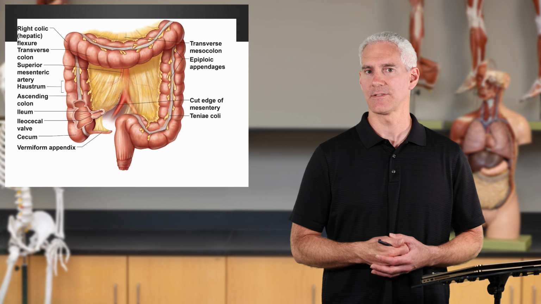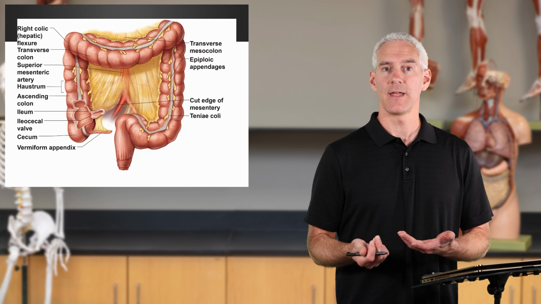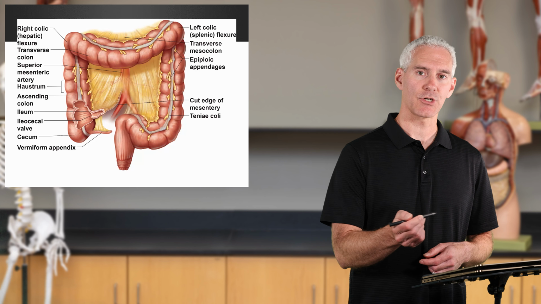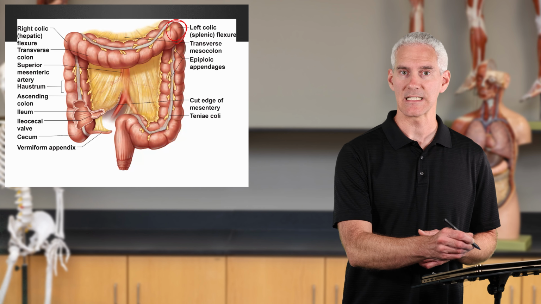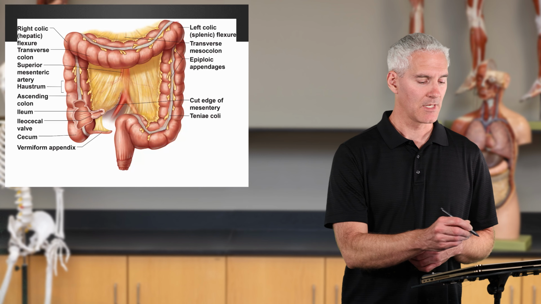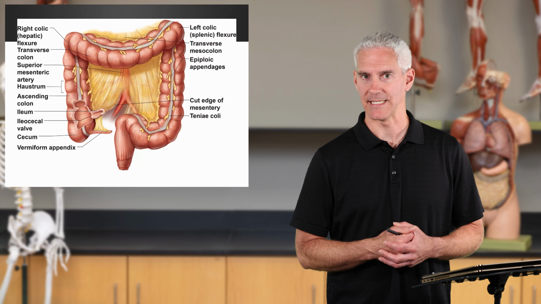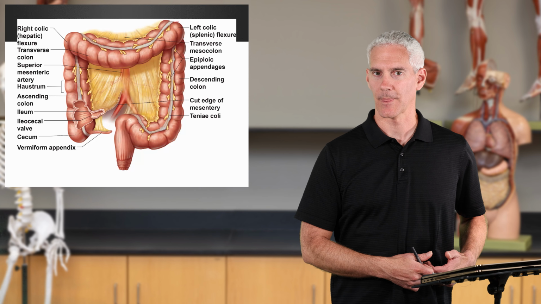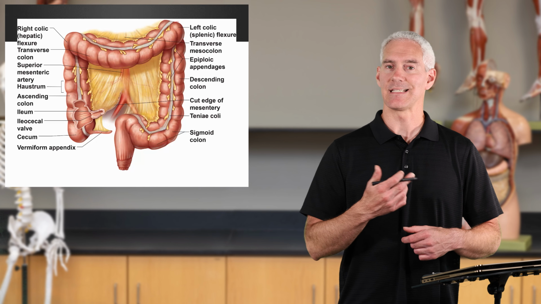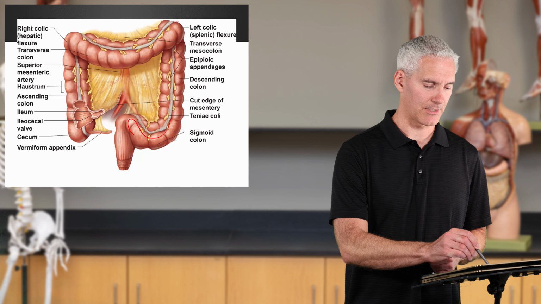That is the transverse colon. From there, we now have another turn. That turn is the left colic flexure, also known as the splenic flexure. Splenic because that's where the spleen is found. We're going to head down the descending colon. Then we get down into the sigmoid colon, this curve down here.